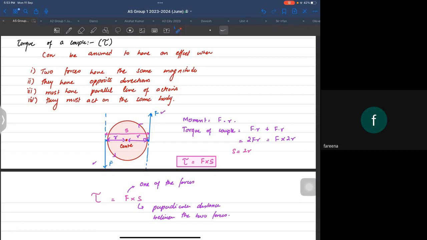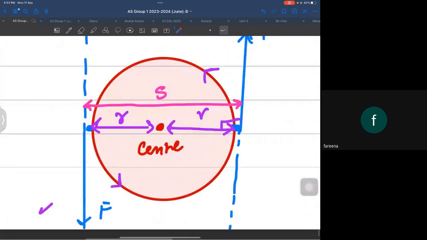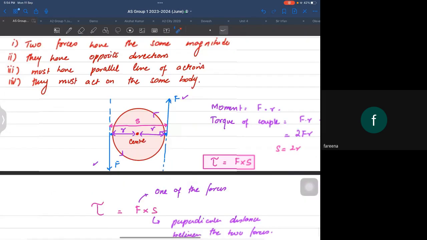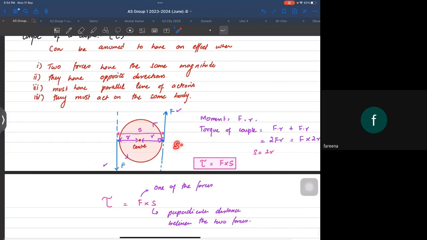Right? So now check this out. This distance from here to here is R. This distance is also R. So the total distance between the forces is S. You agree? All right. Now, this means that S itself is equal to R plus R, which is 2R.